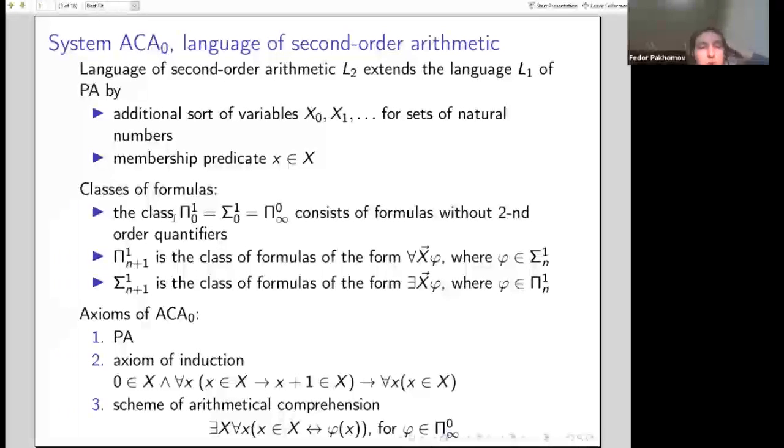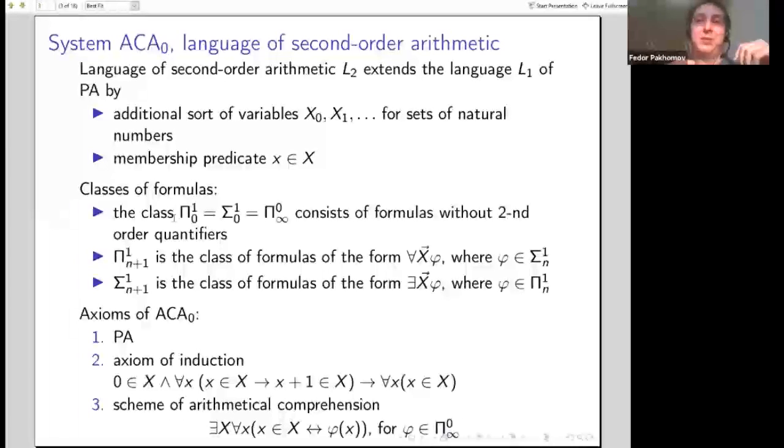Okay. So our base system of second order arithmetic will be the system of arithmetical comprehension. This is the system of second order arithmetic where the main axiom is the scheme of arithmetical comprehension, the scheme that states that every set of natural numbers defined by a formula without second order quantifiers actually is a set.